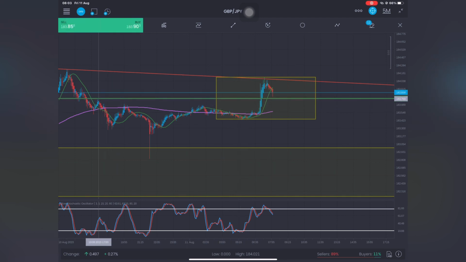If you see, there is a previous support. I drew a green line as well. So sometimes what happens, it comes up to that green line, and it can bounce back and crack open the resistance and then go form another top. But this time it started to go down.